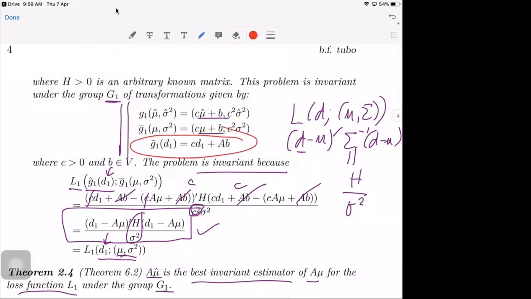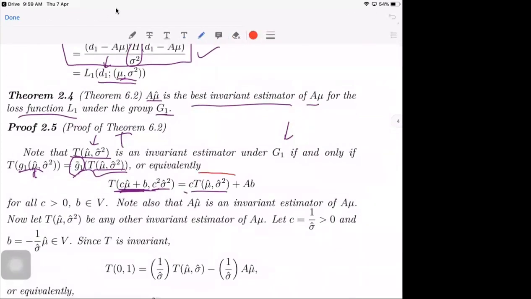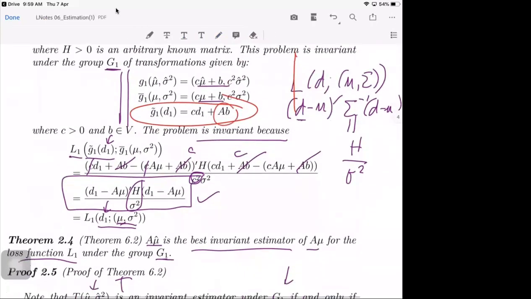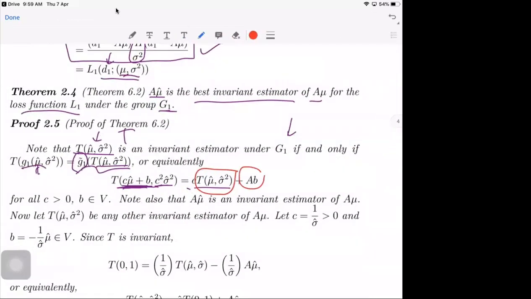So C at D1, but your D1 is now your estimator. Okay? That is T of mu hat, sigma hat square plus AB. So you always go back to the type of transformation that you are going to use.